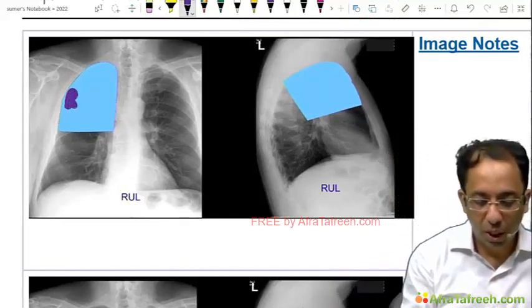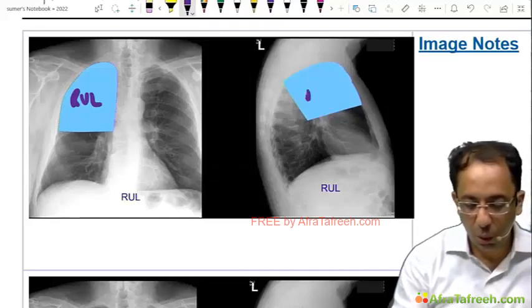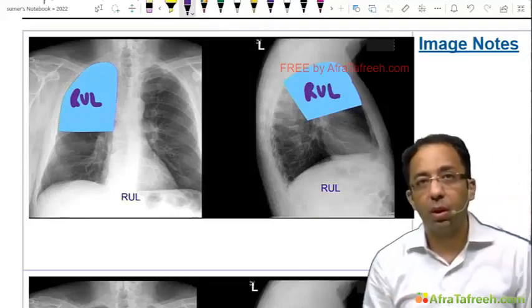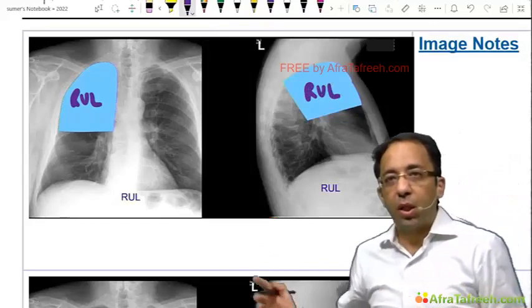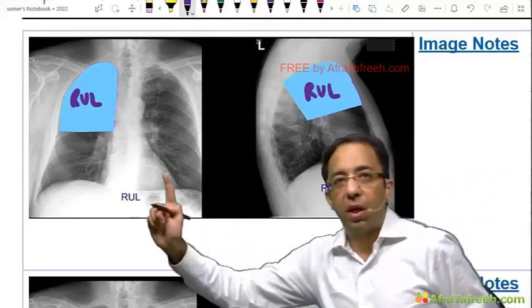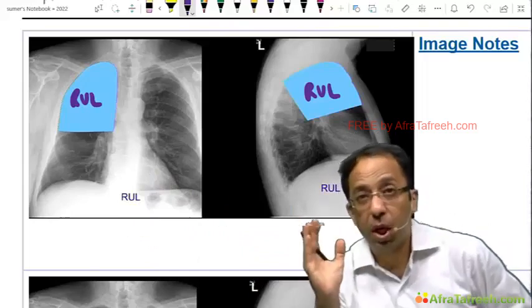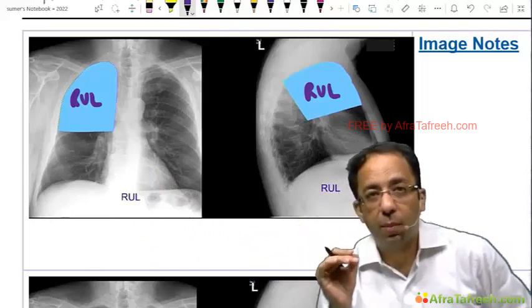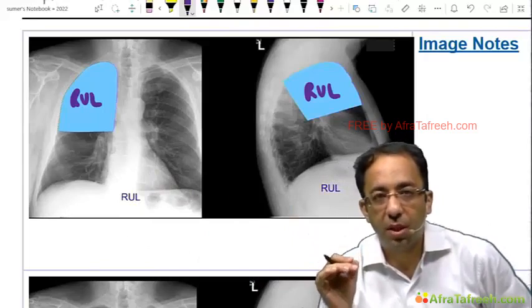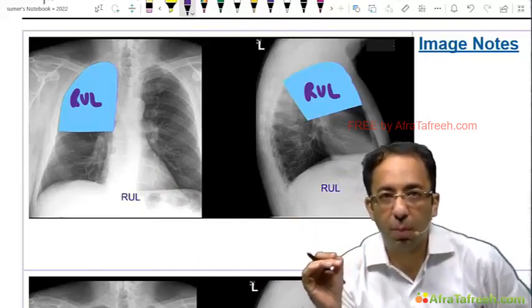This is where you have your right upper lobe on a PA view, right upper lobe on a lateral view. Can you see the lower border of the right upper lobe is very smooth? It is very sharp. Always remember, pleural surfaces are smooth and sharp.